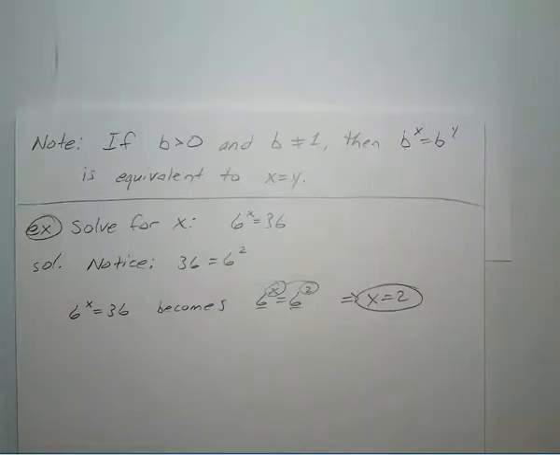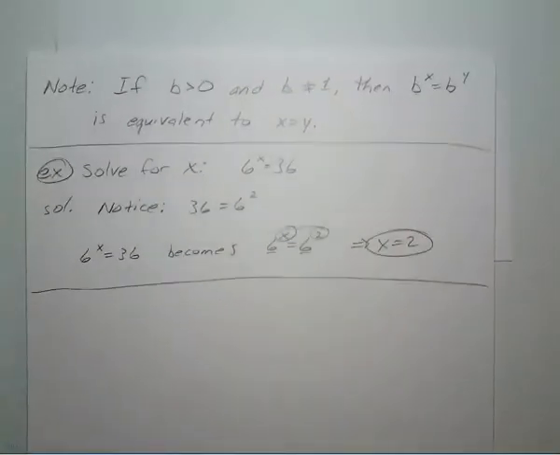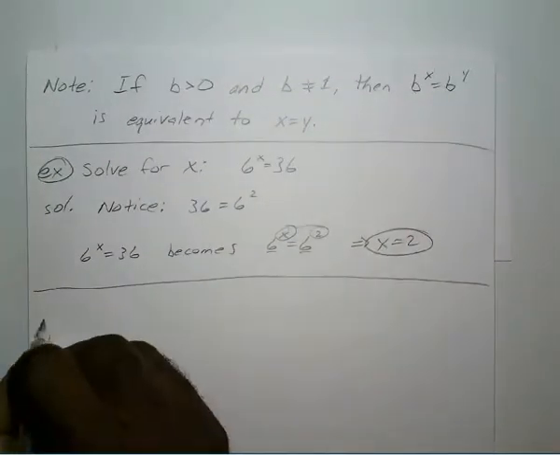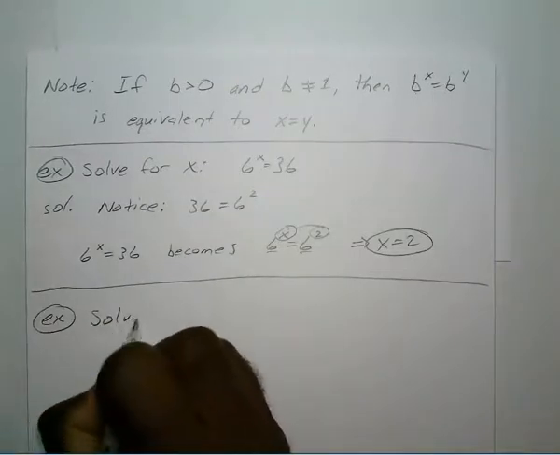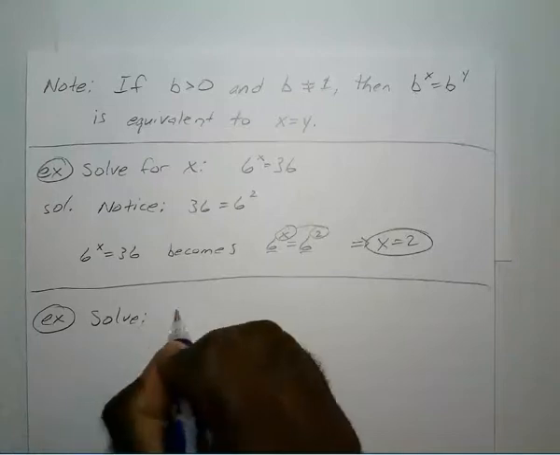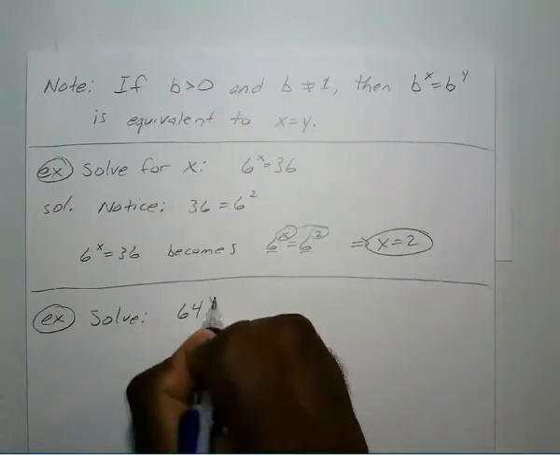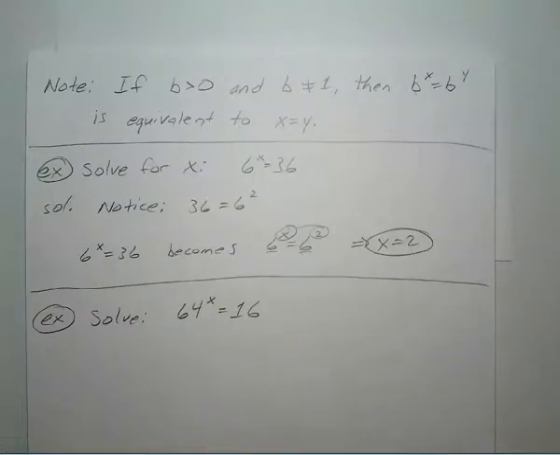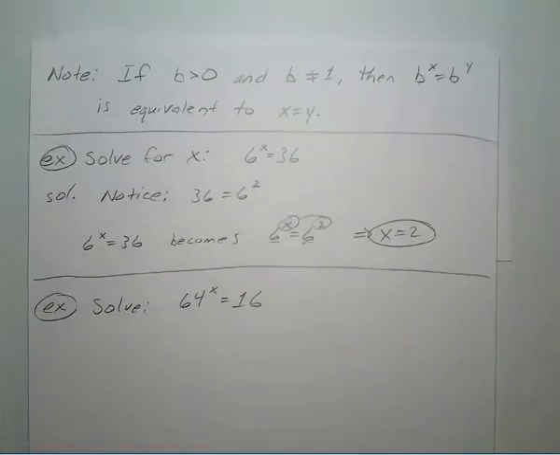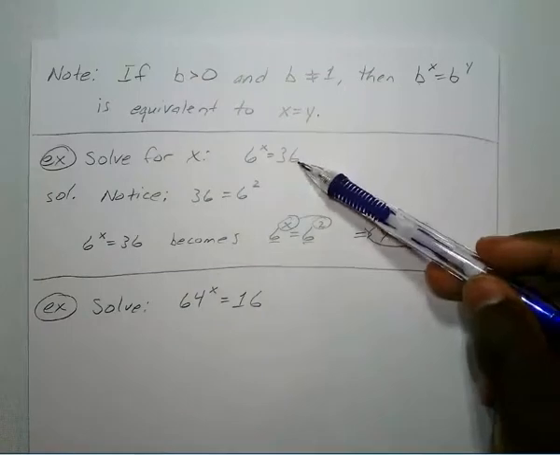Okay, so let's try one where, looking at it, the answer won't jump out at you. Let's say we wanted to solve for x: 64 to the power of x equals 16. This one's a little bit different. The answer couldn't really jump out at you like it would up here.